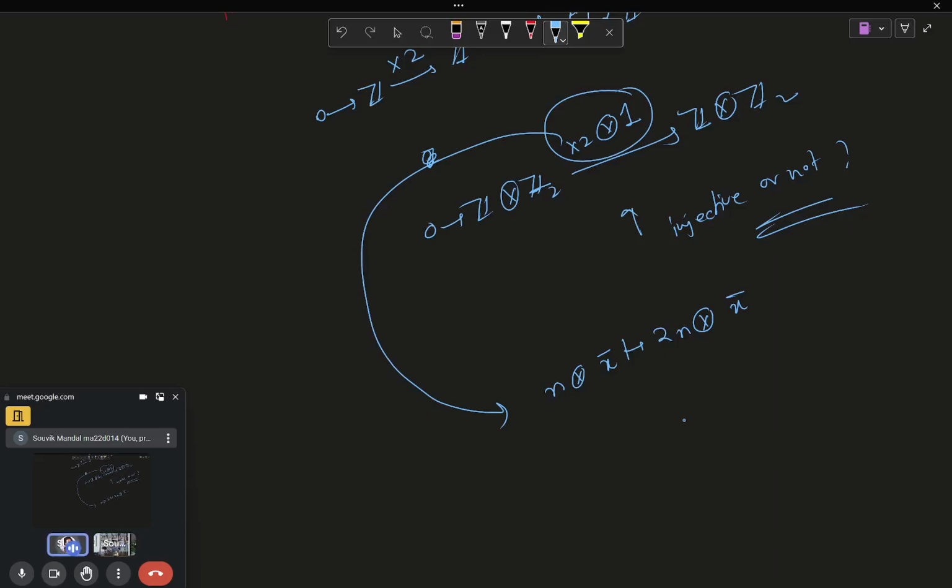For injectivity, take two elements 2n1 tensor x1 and 2n2 tensor x2. If 2n1 tensor x1 bar is equal to 2n2 tensor x2 bar, then if it implies n1 is equal to n2 and x1 is equal to x2, then it is injective.